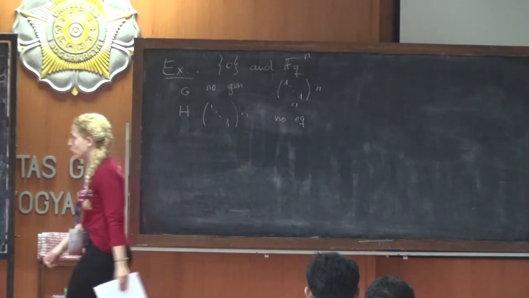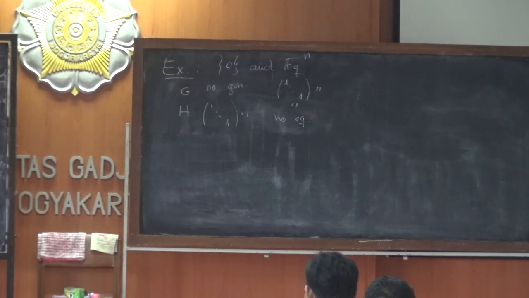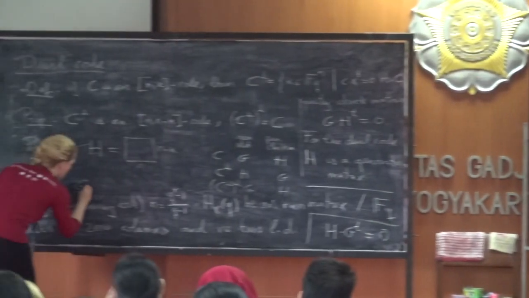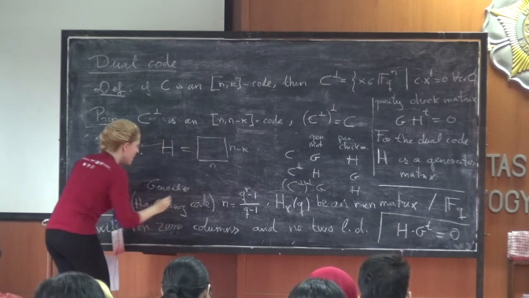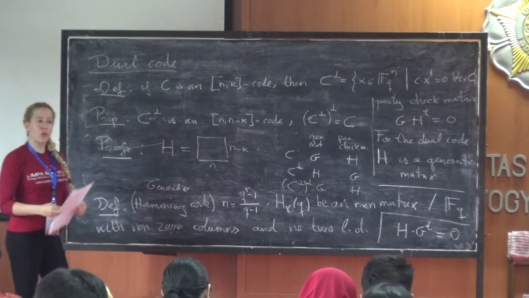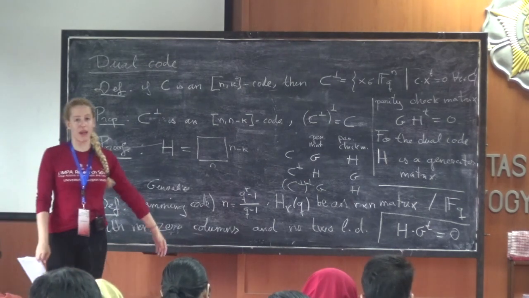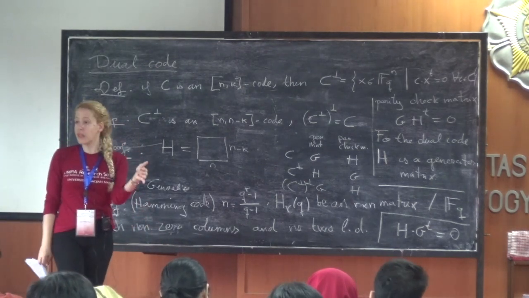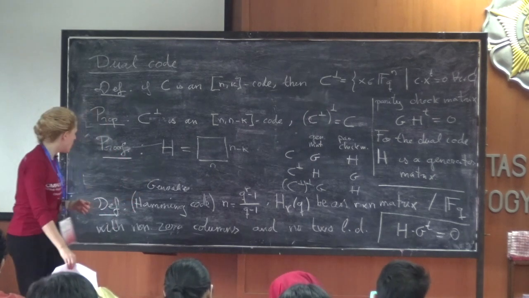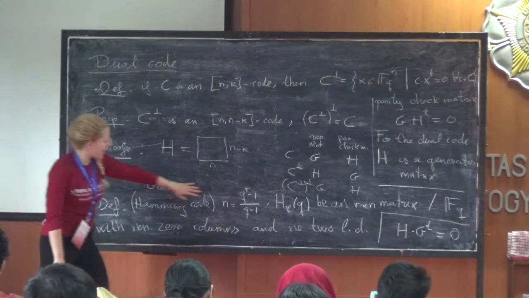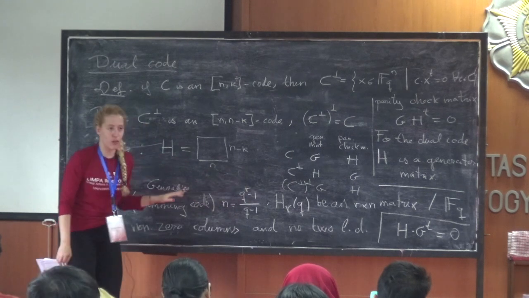And for this, I'm going to define the generalized Hamming code. So, if you remember, we were talking a lot about the Hamming code with parameters 7, 4, 3, okay? So now I'm going to give a generalization of this Hamming code. So for this generalization, you take n equal to something that you can write like this.